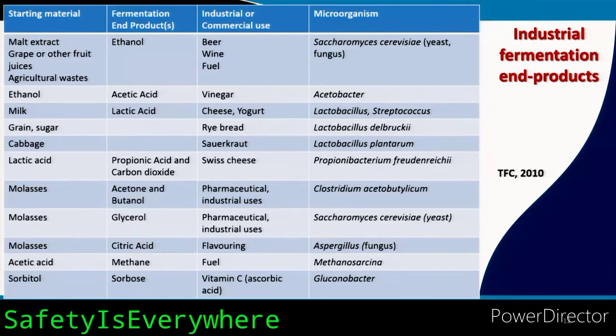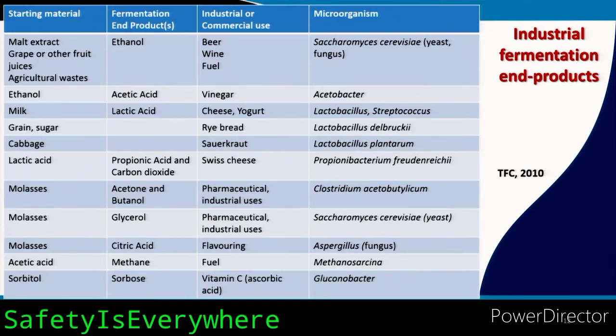This slide shows us some examples of industrial or commercial applications of fermentation. We have the starting material in the first column, the fermentation end products in the second column, the industrial or commercial application in the third column, and in the last column the name of the microorganism or the species that is responsible for this fermentation reaction.